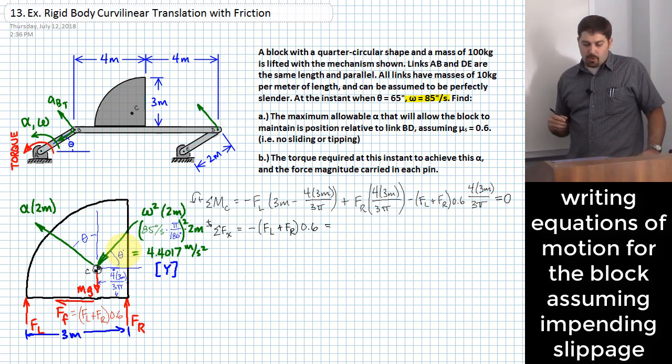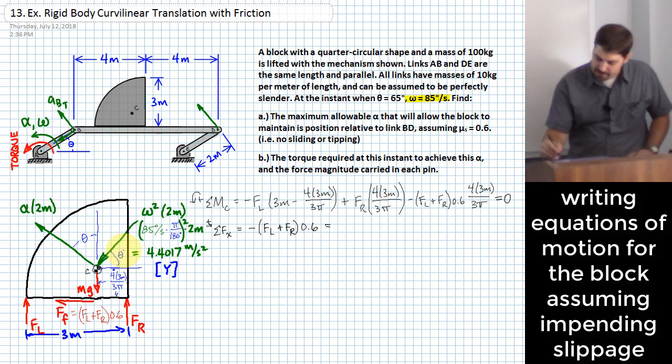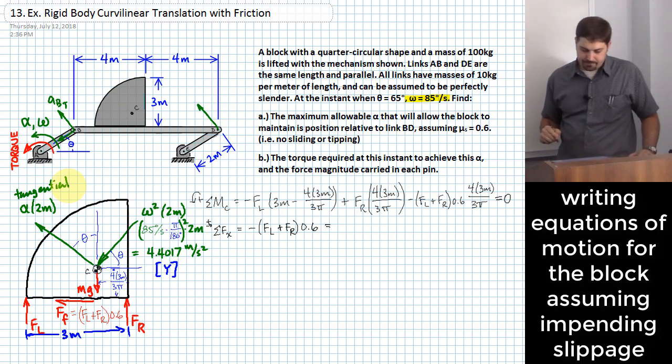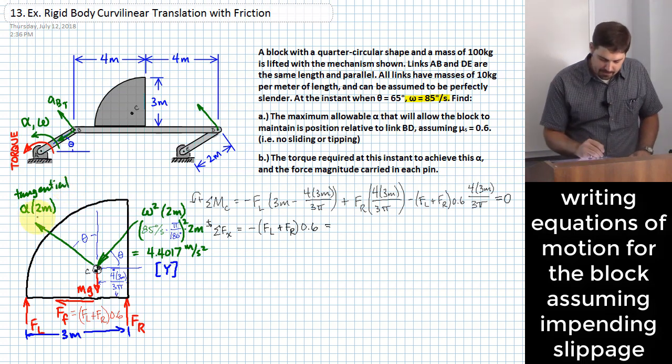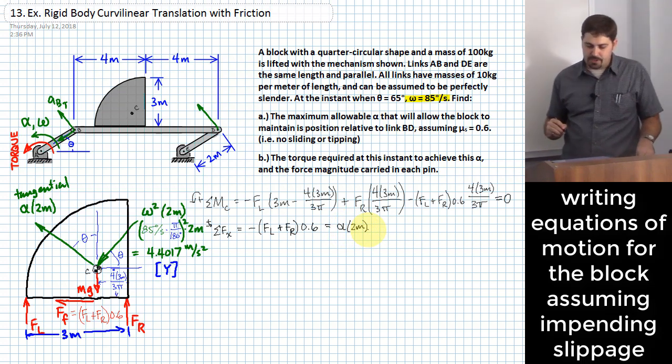All right, so how much contribution do I have to horizontal acceleration due to my tangential component? This is my tangential component up here. Well, what I would end up having is alpha times 2 meters. That's just my linear acceleration in the tangential direction.